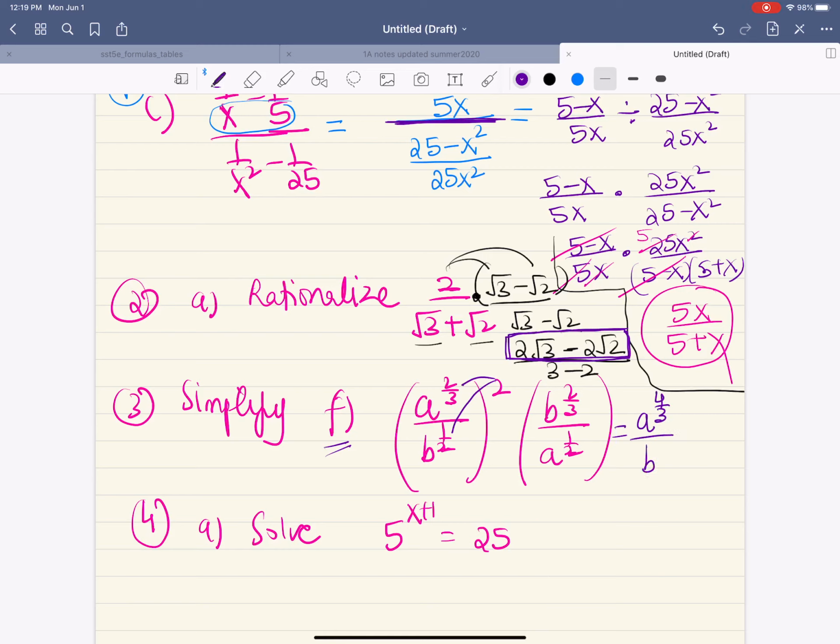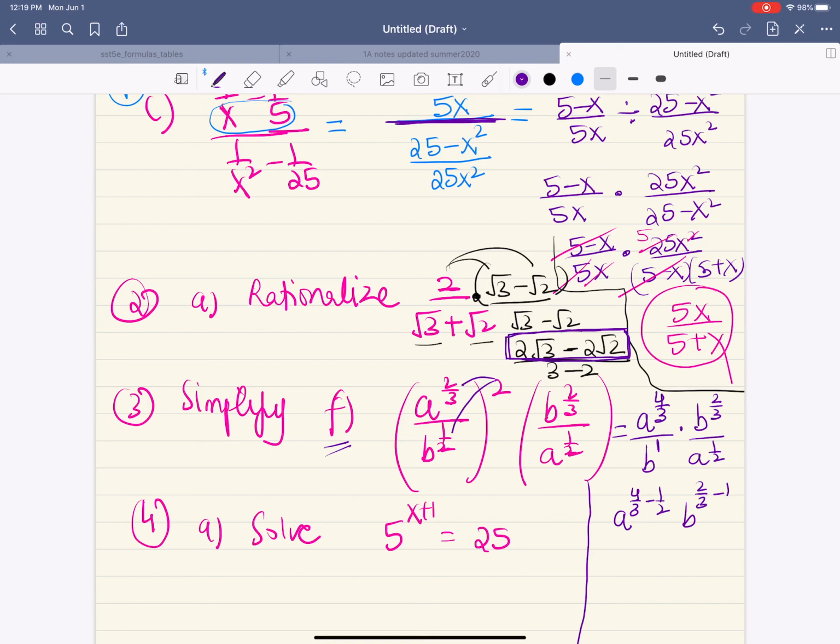B to the power 1/2 times 2 becomes just 1. And then the second parentheses, I have b to the power 2/3 divided by a to the power 1/2. Now, because I have the same bases on top and bottom, I can subtract the exponents. 4/3 minus 1/2, b to the power 2/3 minus 1.